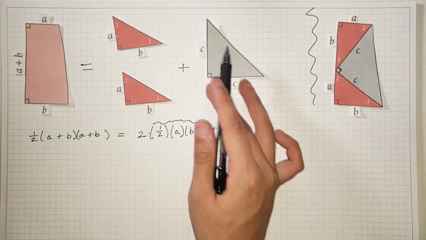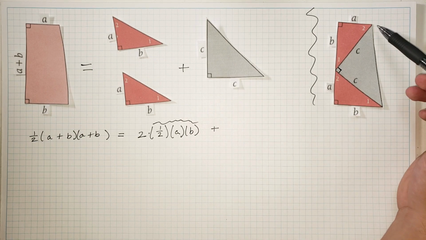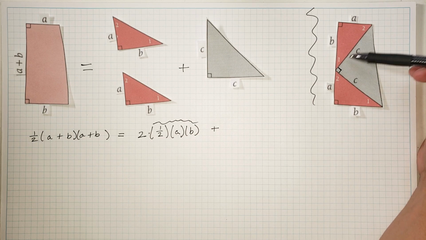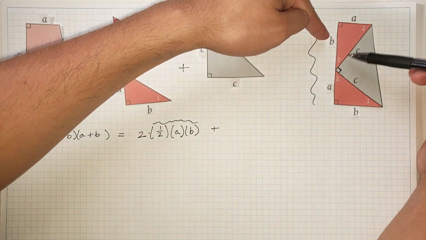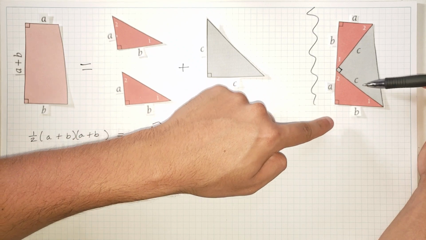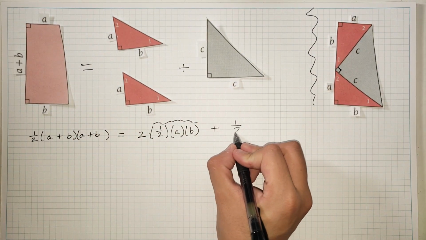Plus, what's going to be the area for this triangle here? Well, this triangle, remember, it got created from this triangle when we extended that line right here. It has length C, which was from this triangle's hypotenuse, and it has this triangle's hypotenuse length, which is also C. So now we can just call this one 1/2.